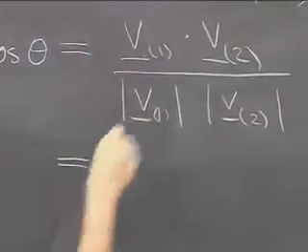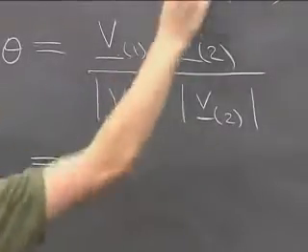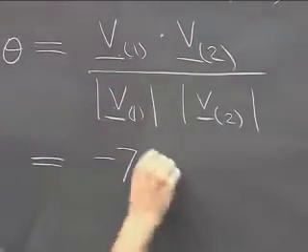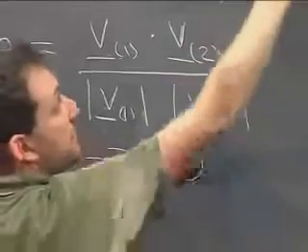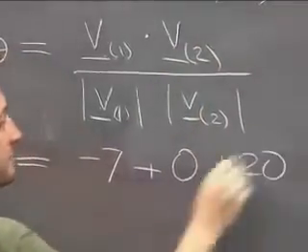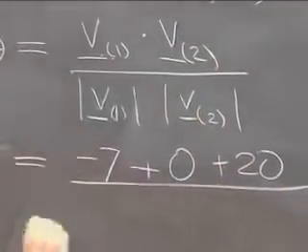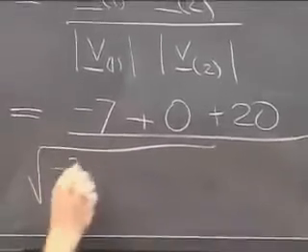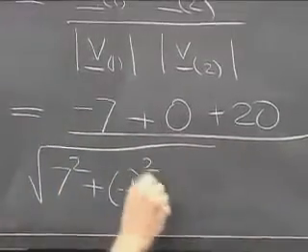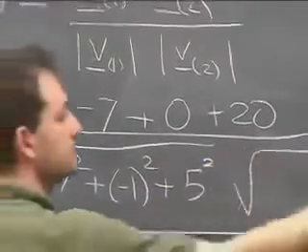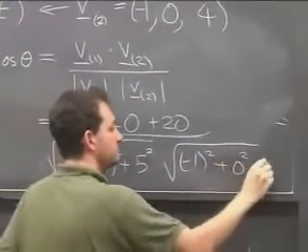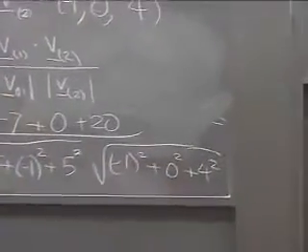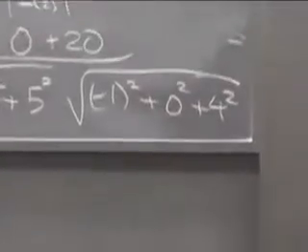So we just take the dot product. It's 7 times minus 1 plus 0 times minus 1, plus 4 times 5. And then we kind of need the length. So I just took the length of each vector by taking the sum of the squares.